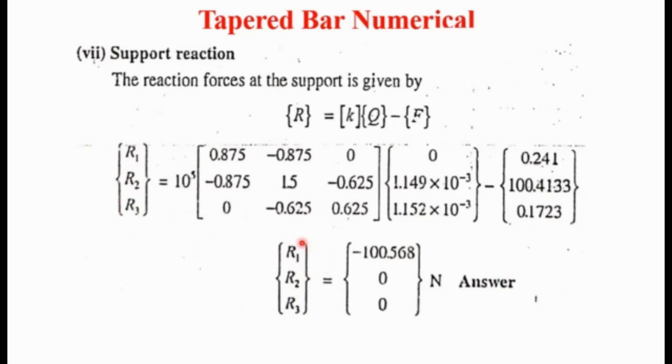Therefore R1 is equal to minus 100.568 Newton, the reacting force at node 1, and at node 2 and node 3 it is 0 because they are free ends. Now this is all about the numerical for this tapered bar element.